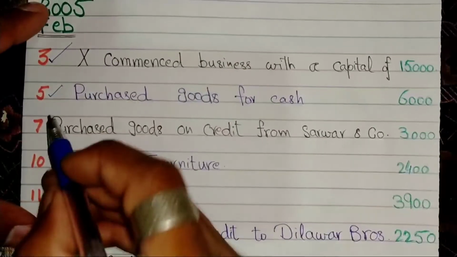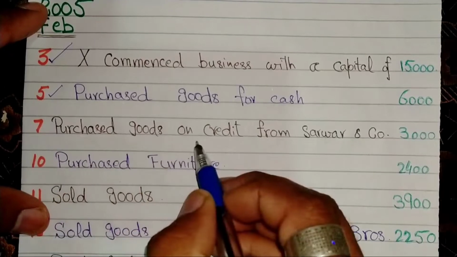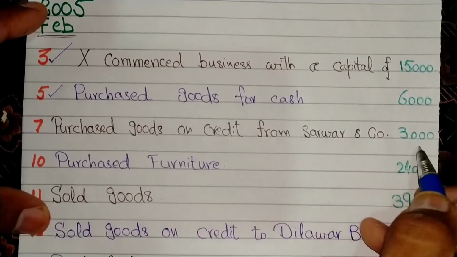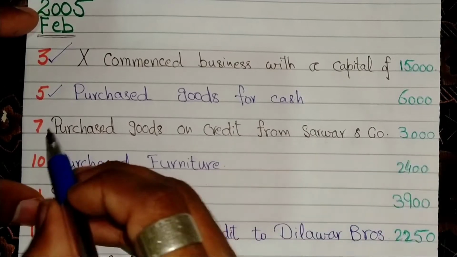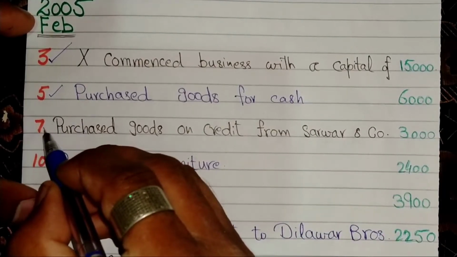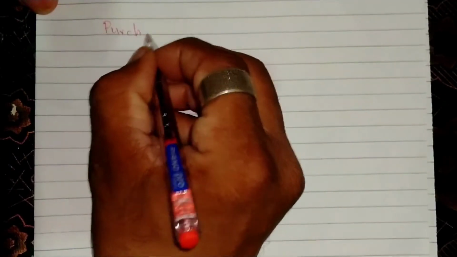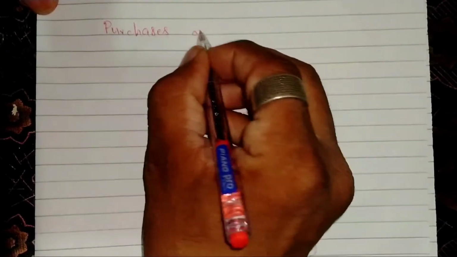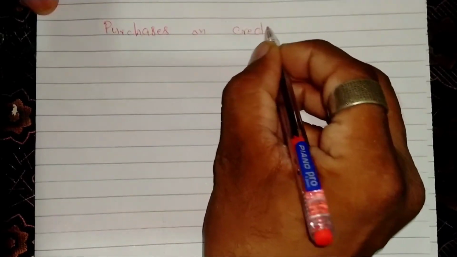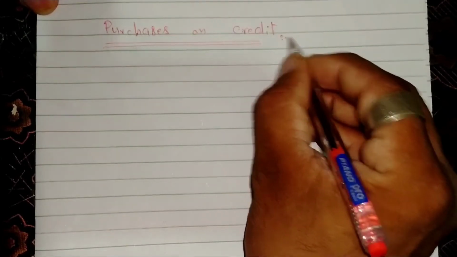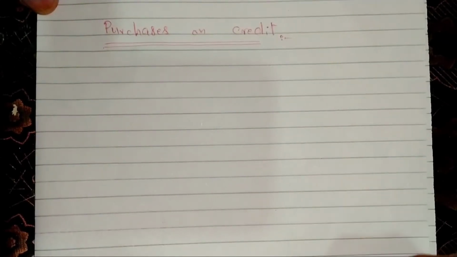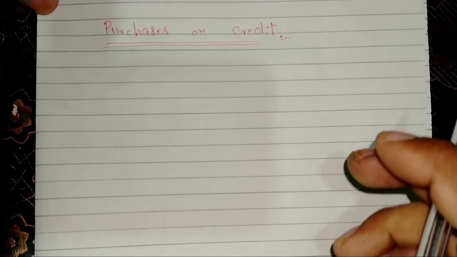The next entry is purchased goods on credit from Server and Company amounted $3,000 on date 7th February. This is the most important concept, which is purchases on credit. There are two types or ways to enter this transaction in the journal.